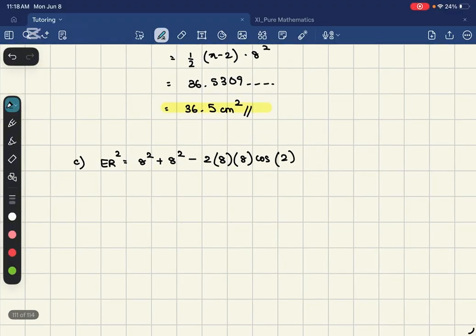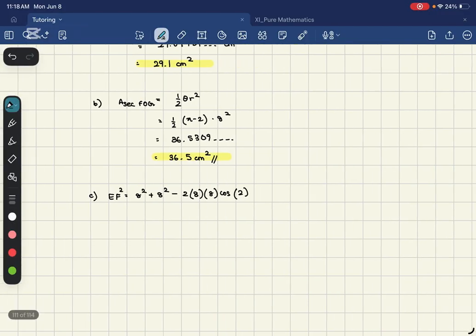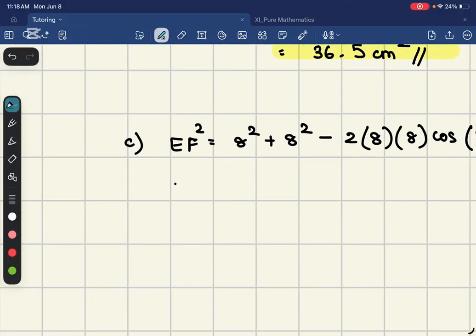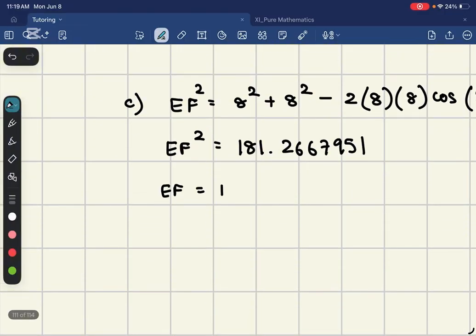And if you plug this into your calculator, EF squared, the expression for EF squared that you are going to get is 181.2667951, and that gives you EF to be 13.46 something, right? 13.46353576 centimeters.